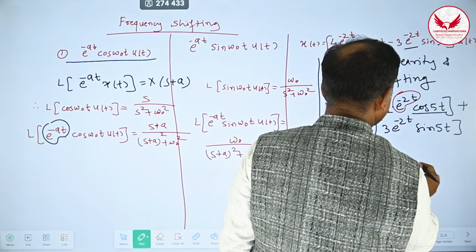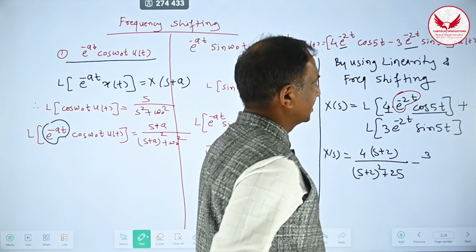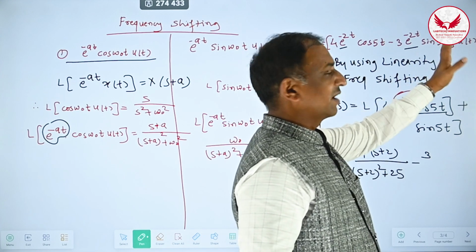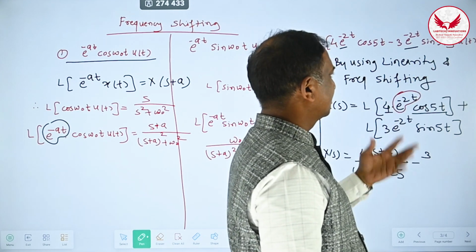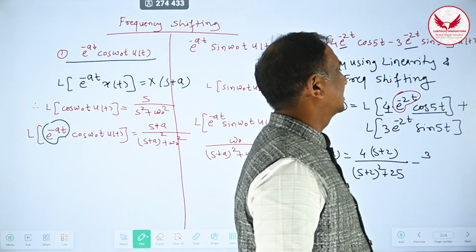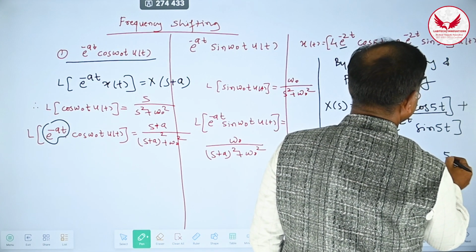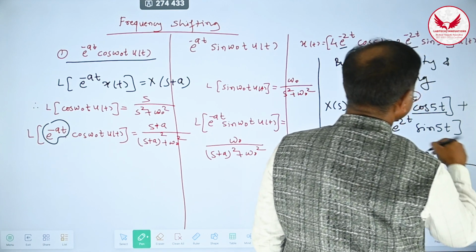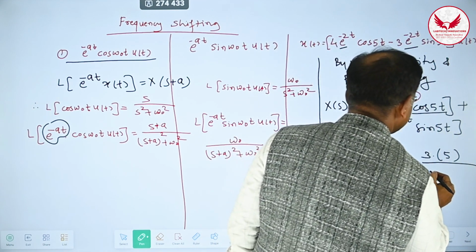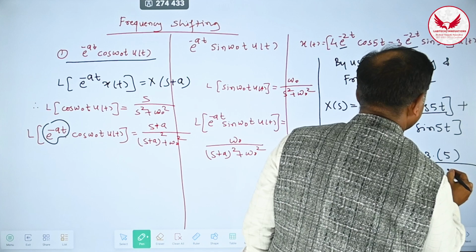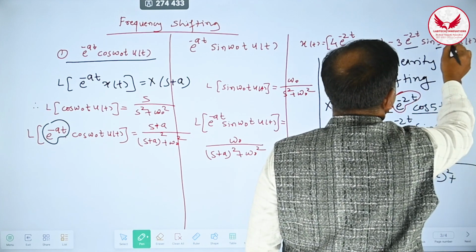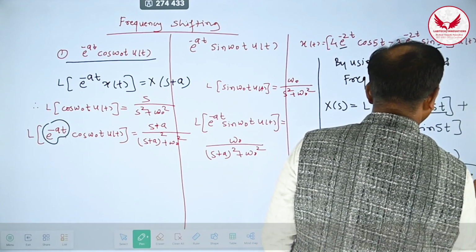Okay, minus is there. So 3 is a constant. Again the sin 5t, its Laplace transform is omega 0, that is 5, upon s square plus omega 0 square. So this 5 will be as it is, divided by s square, where s will be replaced by s plus 2. So s plus 2 whole square plus this 5 square, omega 0 square, that is 25.